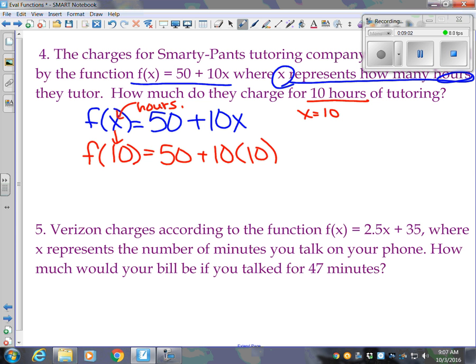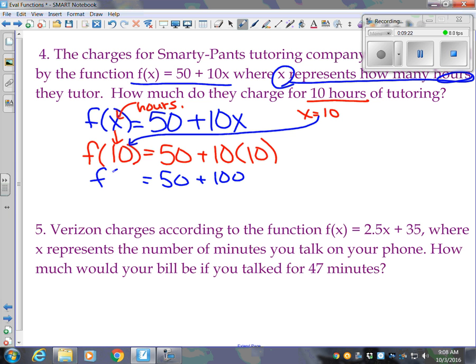So once we read that statement, we knew what x was going to be in parentheses. That's 10 times 10. So 50 plus 10 times 10 is 150.